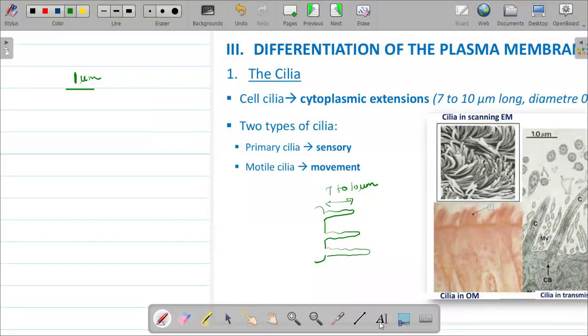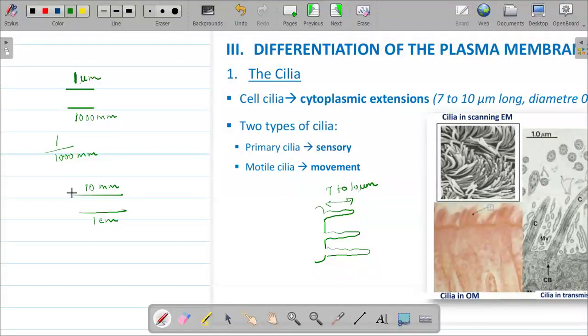1 micrometer can be compared with 1,000 millimeter. So 1/1,000 of a millimeter is 1 micrometer. If you take a scale, 10 millimeters make 1 centimeter.